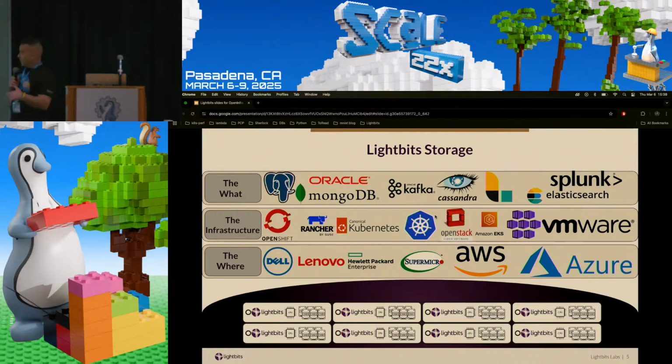But we have had a CSI driver pretty much from day one of the company. Most of our customers are running Kubernetes, and then some of them are also running OpenStack. In terms of the applications themselves, most of the time we don't actually know what the customers are running. But from the big ones, we know a lot of it is leaning towards databases or any kind of IO-intensive applications.